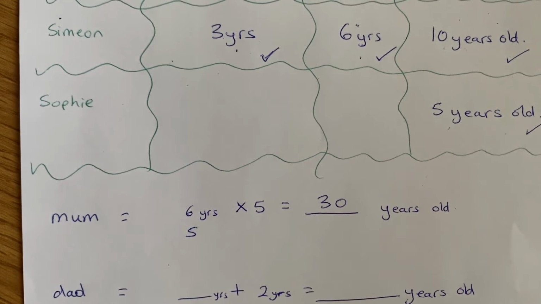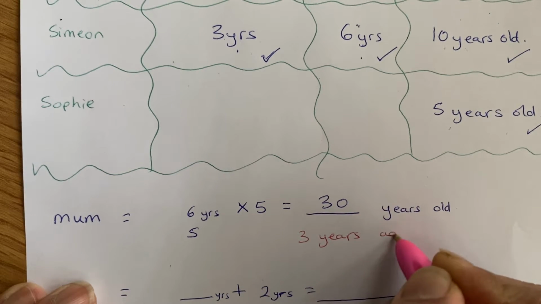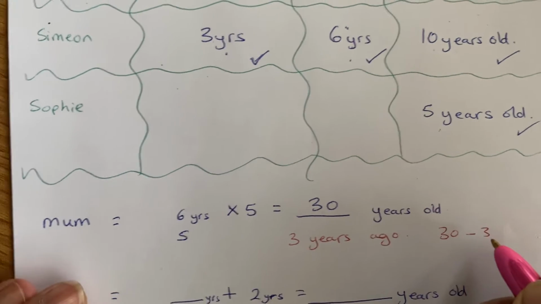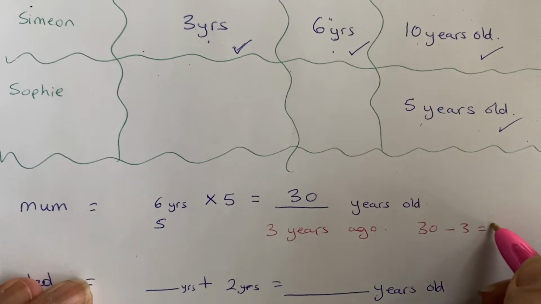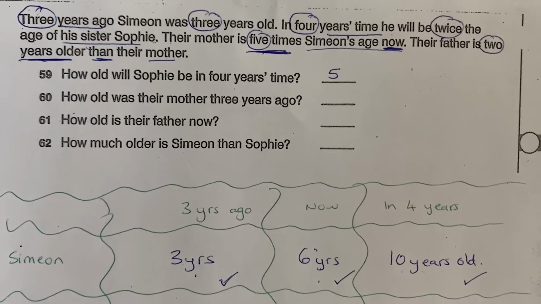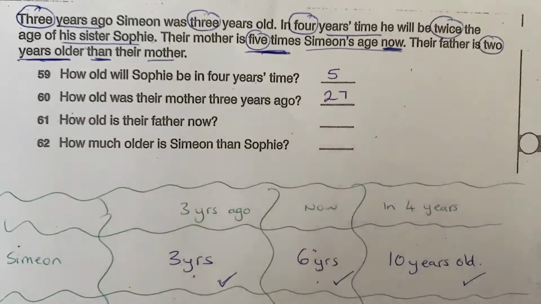But the question asks, what is it 3 years ago? So 3 years ago means I have to do 30, take away the 3 years, which gives me 27. So therefore, the answer for how old was their mother 3 years ago must be 27.